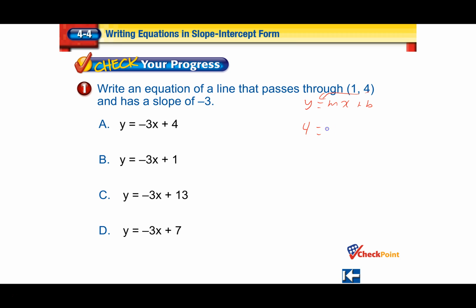My slope is -3, and my x is 1. Need to find b, so -3 plus b equals 4. I'm going to add 3 to both sides. Comes out to 7 equals b.